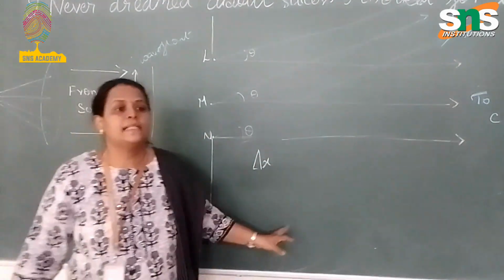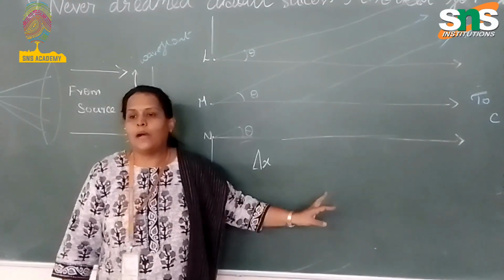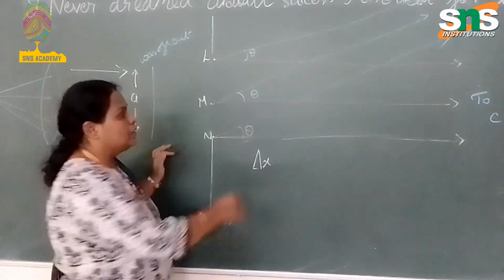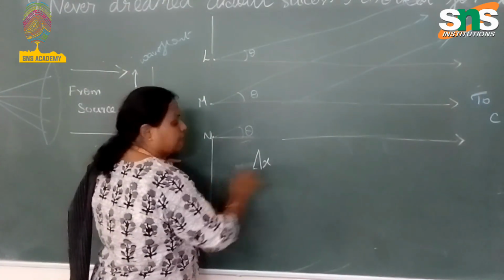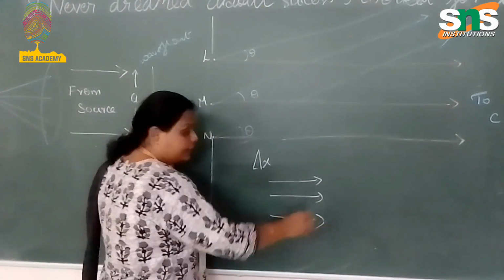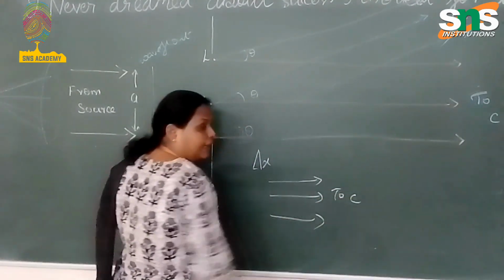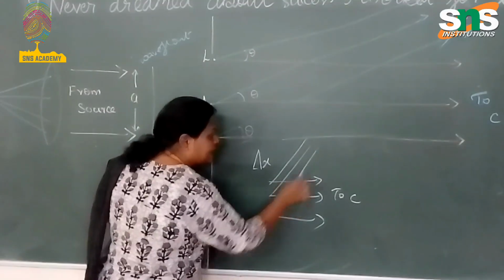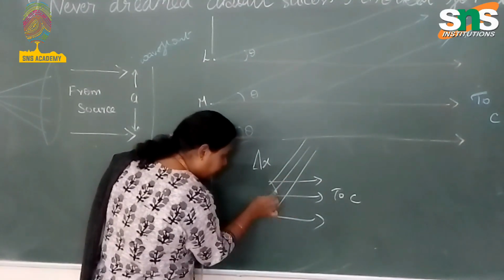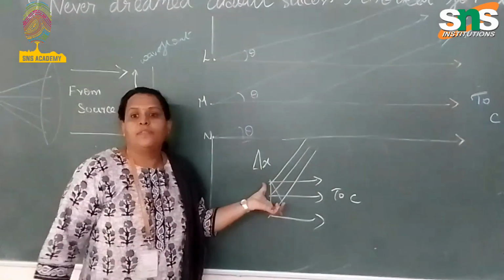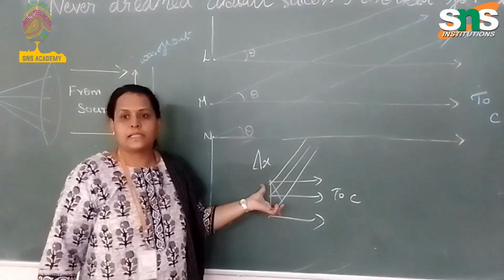In both cases, interference and diffraction, I have to find the path difference. Here also, there is some path difference between these two lines. I am drawing in a simple manner the ray towards C looking like this and towards P looking like this. Can you see some path is differing in between? This path difference I have to find in this case.